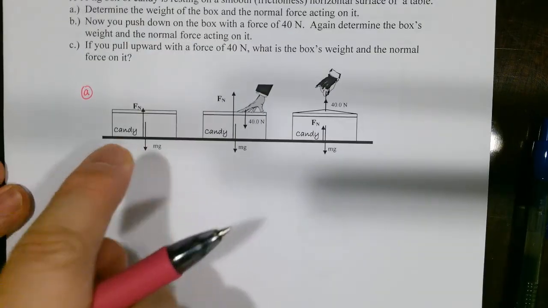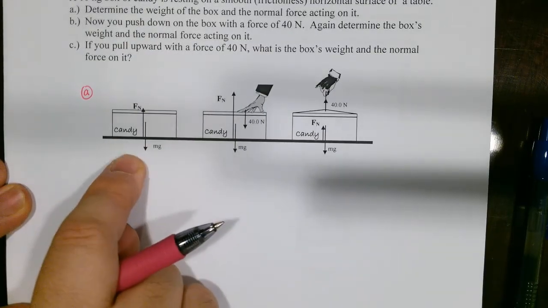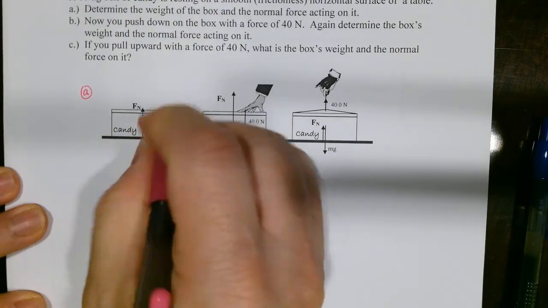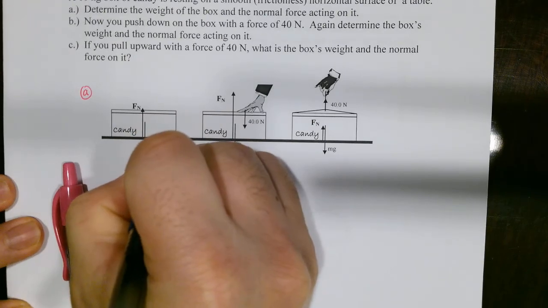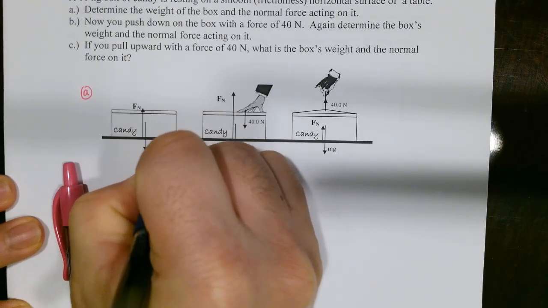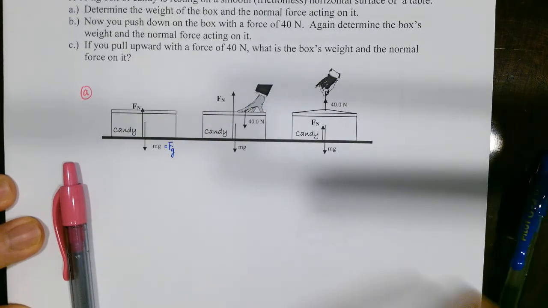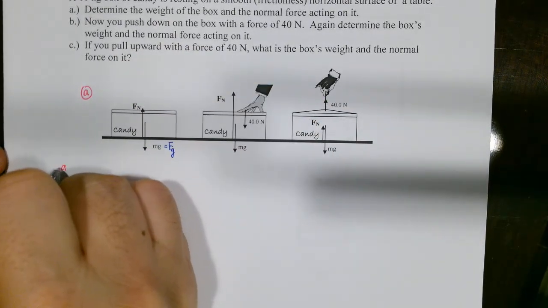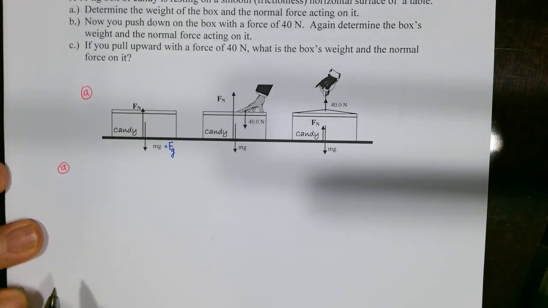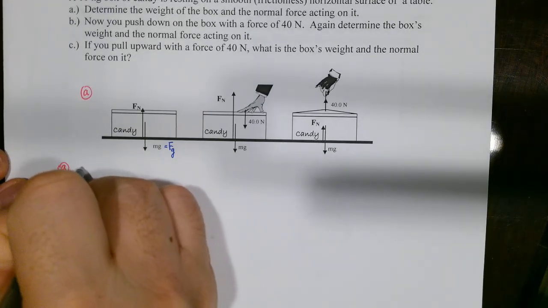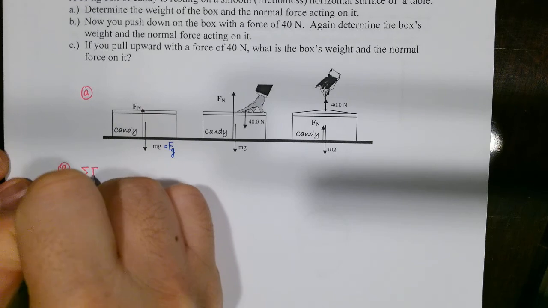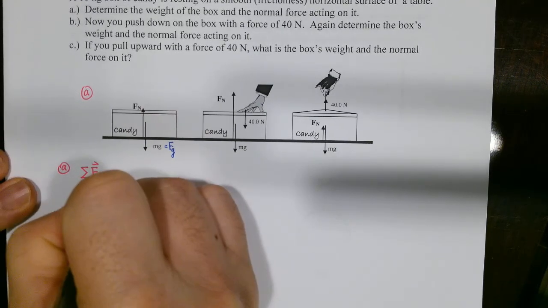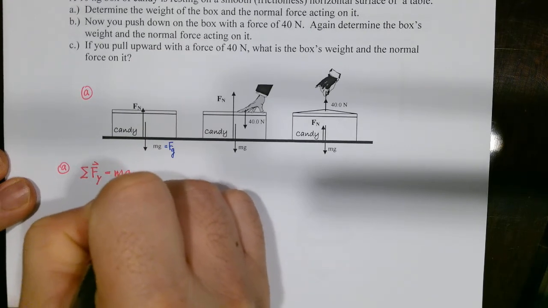Now, here's how I would like you to solve this. This here, we know it as Fg, right? And this is F normal. There are no other vertical forces acting on this for part A. So for part A, we can say the sum of all forces in the vertical direction, y, is equal to m a y.